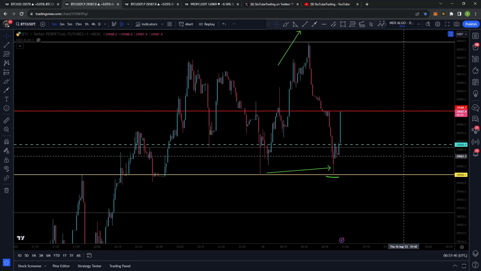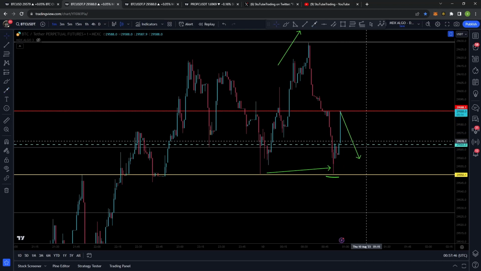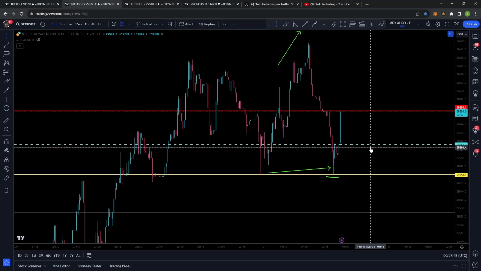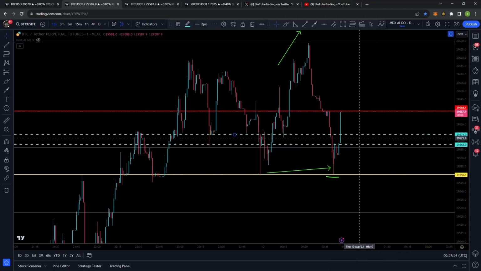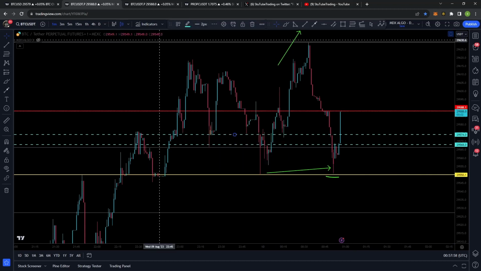And I am going to update my stop loss just because I see reason that there is absolutely the possibility we just get shut right back down. So I'm going to set my stop loss at 29,574. Oh, I placed it perfectly. How about the odds?